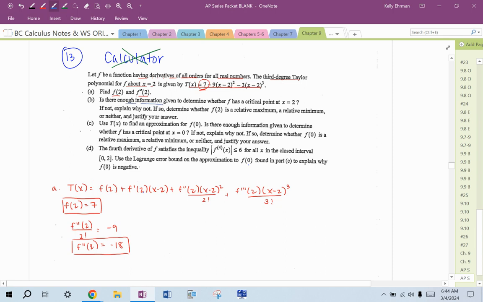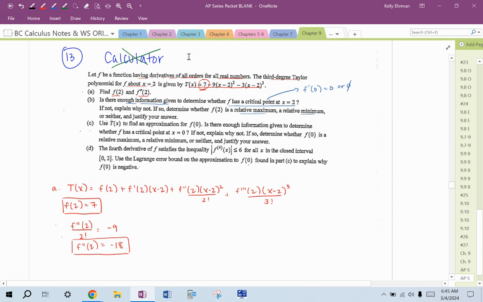Is there enough information given to determine whether f has a critical point at x equals 2? A critical point, remember, means when the first derivative is equal to 0 or undefined. If not, explain why not. If so, determine whether we have a max, min, or neither locally. Justify your answer.